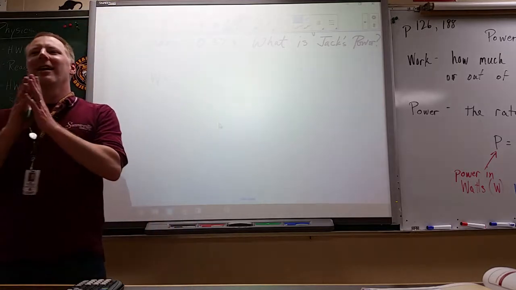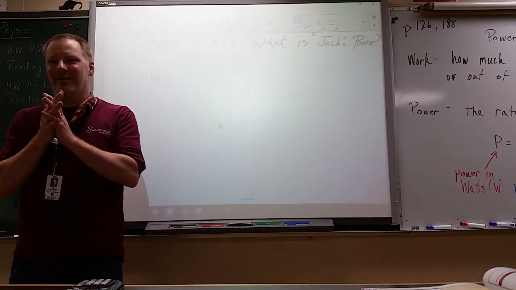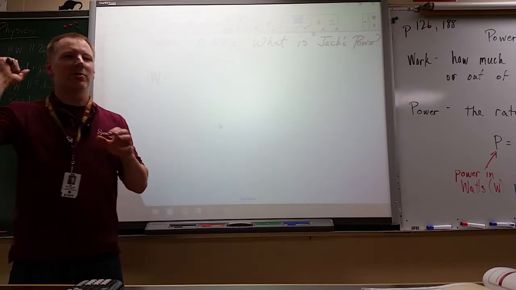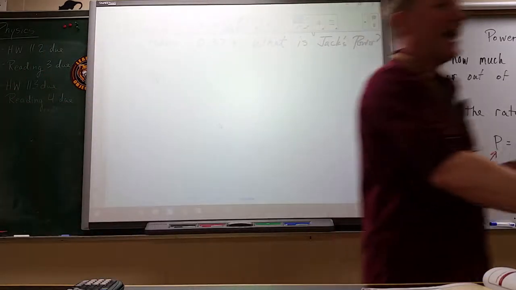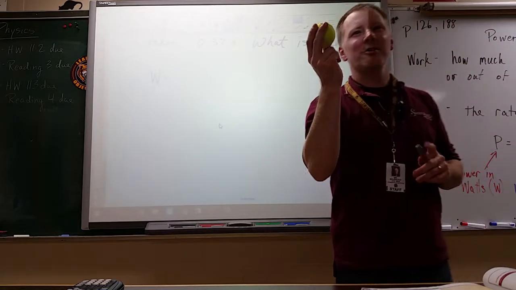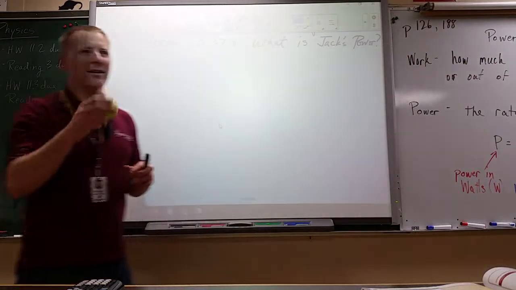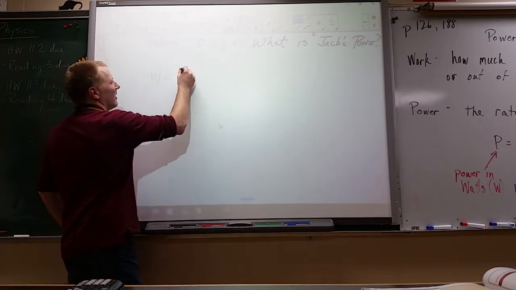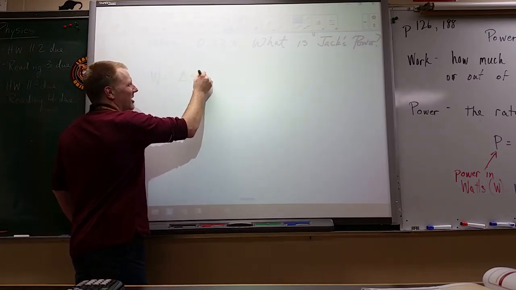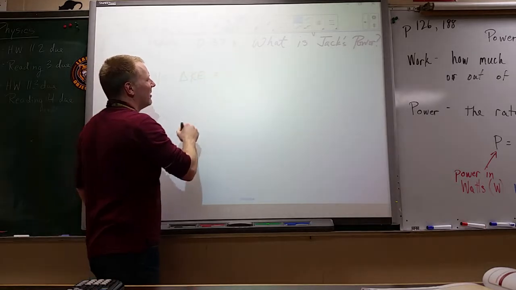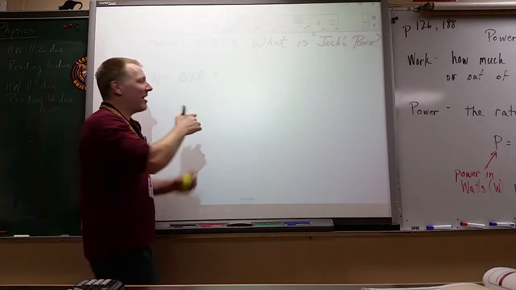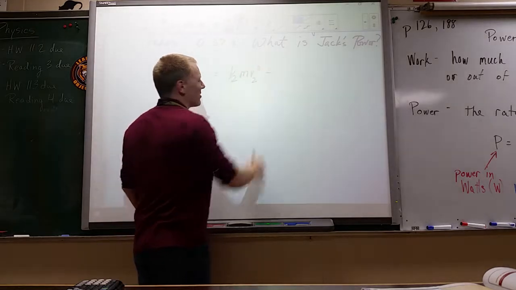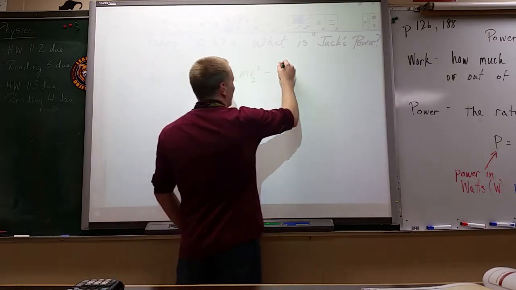Okay, ladies and gentlemen, back to our focus. When Jack pitches, he is doing work on the ball by adding kinetic energy. So we can describe that, guys. Work can also be the change in kinetic energy. So it would be the kinetic energy after, the second one, 1/2 m v2 squared, minus whatever kinetic energy it had in the beginning.